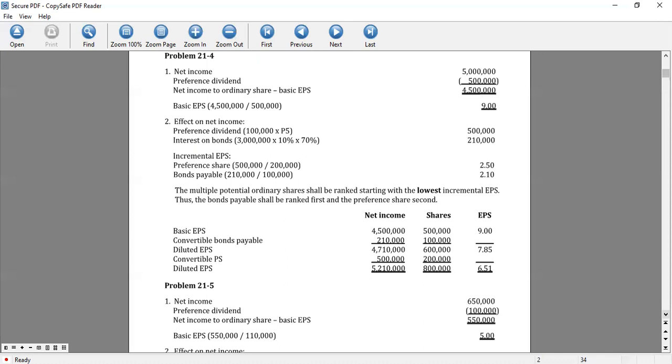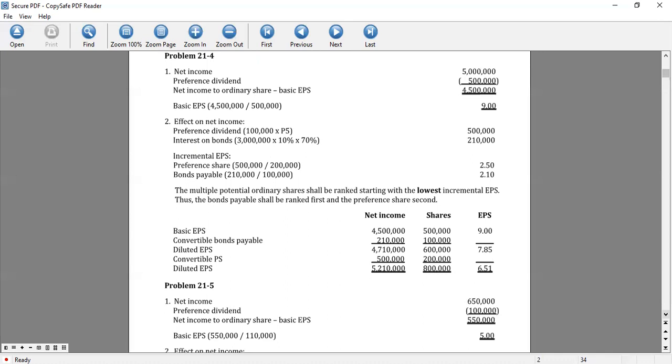So for the outstanding shares, the convertible preference for 100,000 receiving the annual dividend for 2020 of 5. So that gives 5 times the 100,000 shares is 500,000. So net income to ordinary share for the basic EPS is 4.5 million.